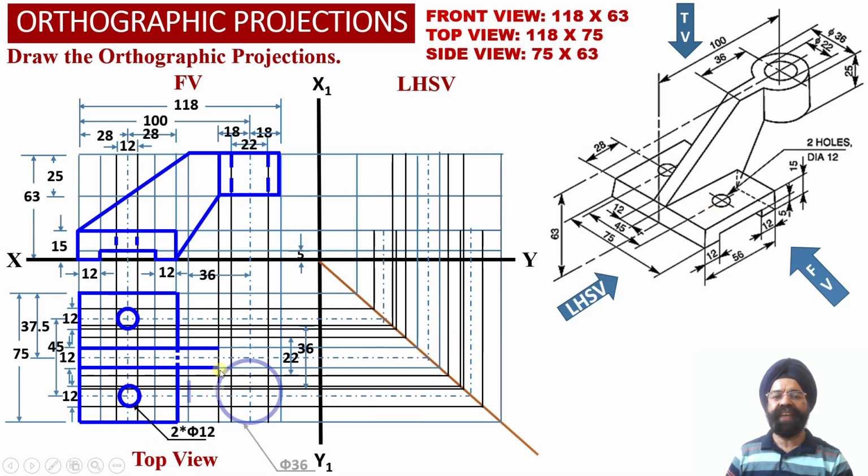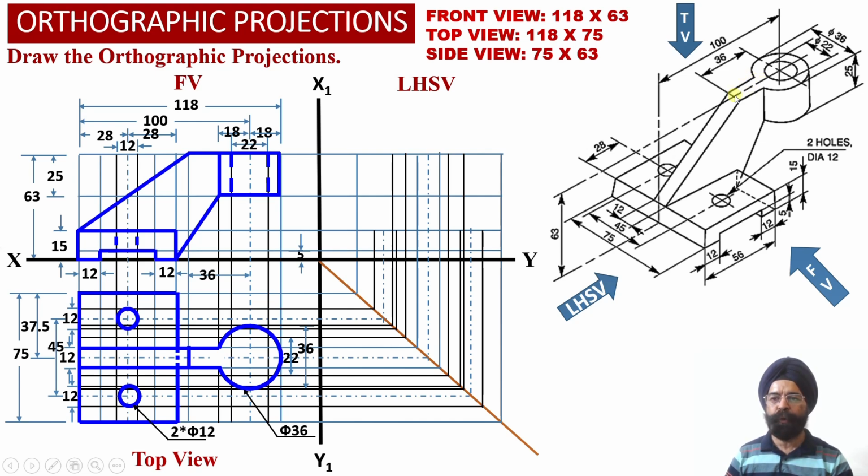Whereas another thing we should observe, that up to this portion we have got the inclined web, and up to this portion we have got a horizontal web over here. We can check up to this portion we have got an inclined web. After this portion of the web, it is horizontal.